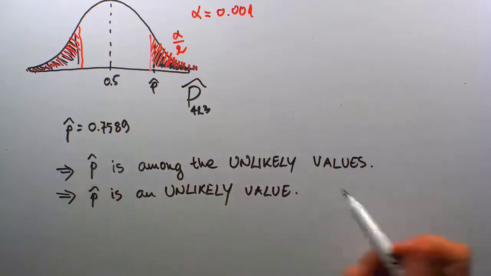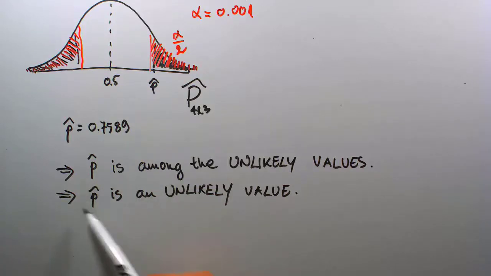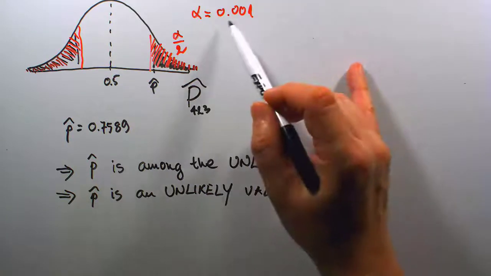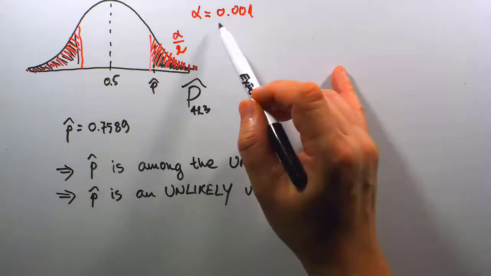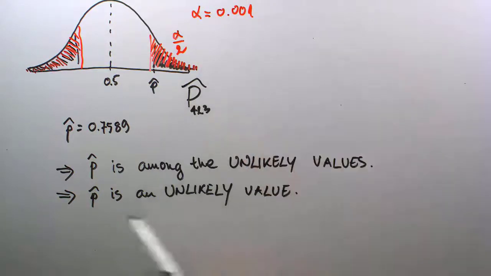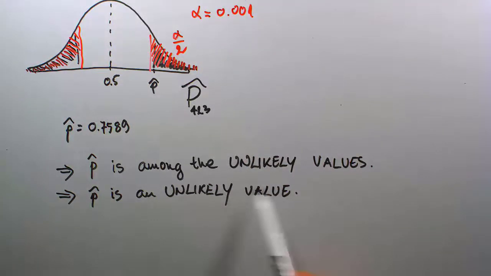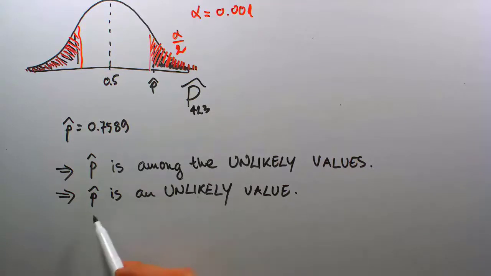The chance to have something like this is only a 0.001 chance. And so proving that our p hat is an unlikely value leads to very similar arguments to the time when we were doing any of those one-tail tests.